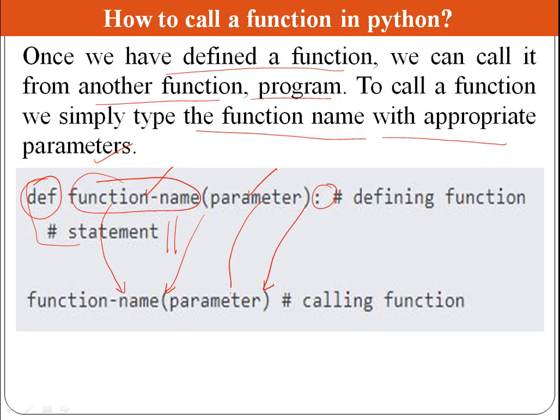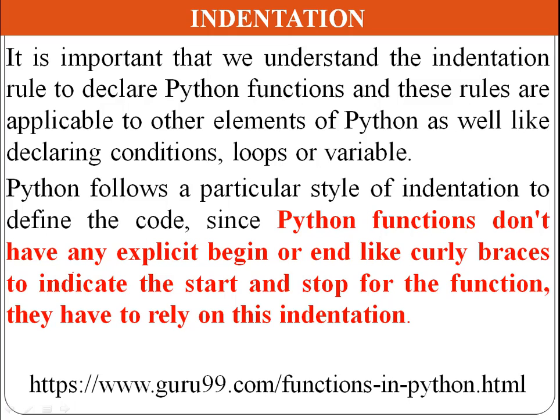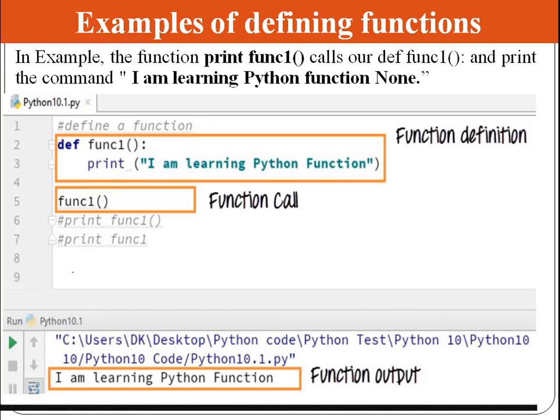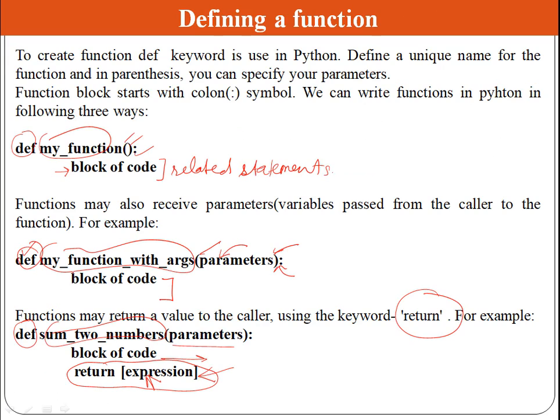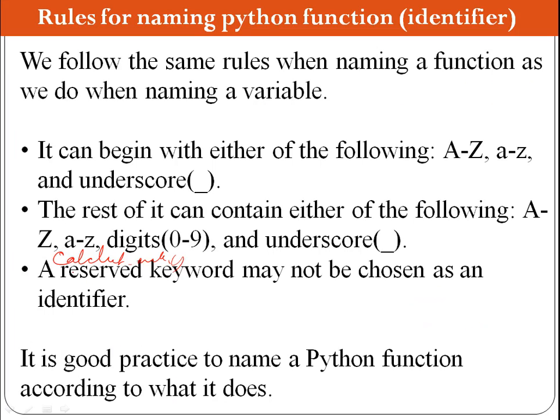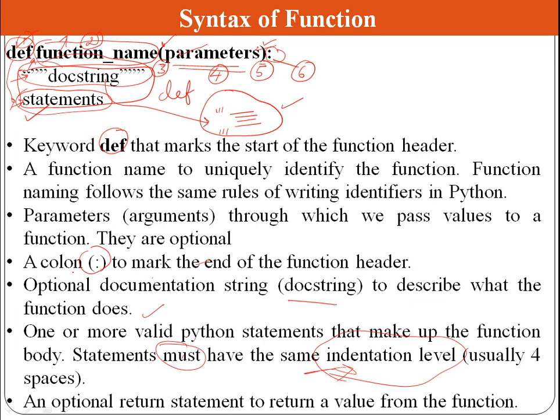It is important that we understand the indentation rule. We have already seen that indentation is very important. Indentation at the same level means one or more valid statements will be there, and statements must have the same indentation level.